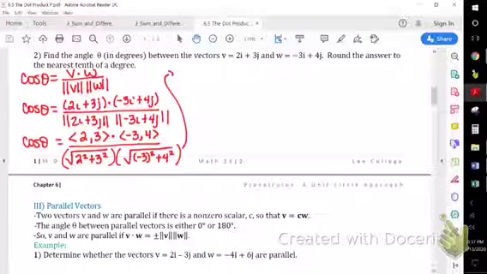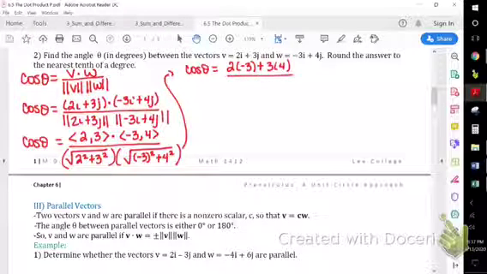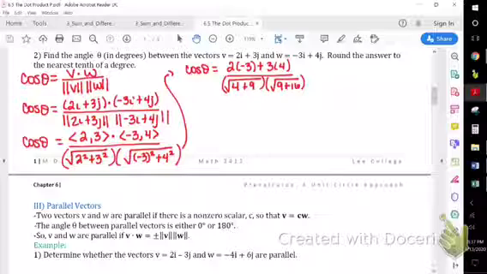Alright, so I'm going to bring this up here. So we have cosine of theta is equal to, in the numerator, remember to do the dot product, you're going to multiply the first two components, so 2 times negative 3, and add the multiplication of the second two components, so 3 times 4, over, and in the denominator, the square root of 2 squared is 4, plus 3 squared is 9, times the square root of negative 3 squared is 9, plus 4 squared is 16.